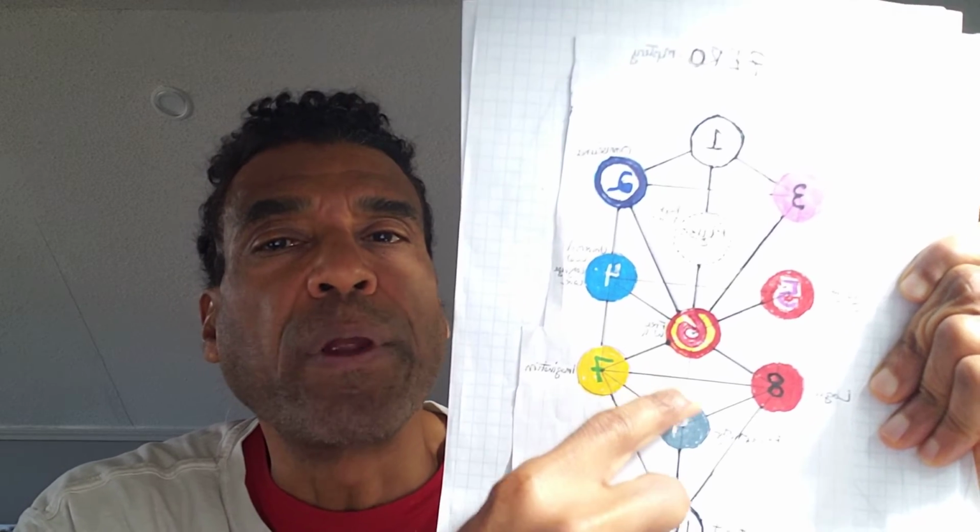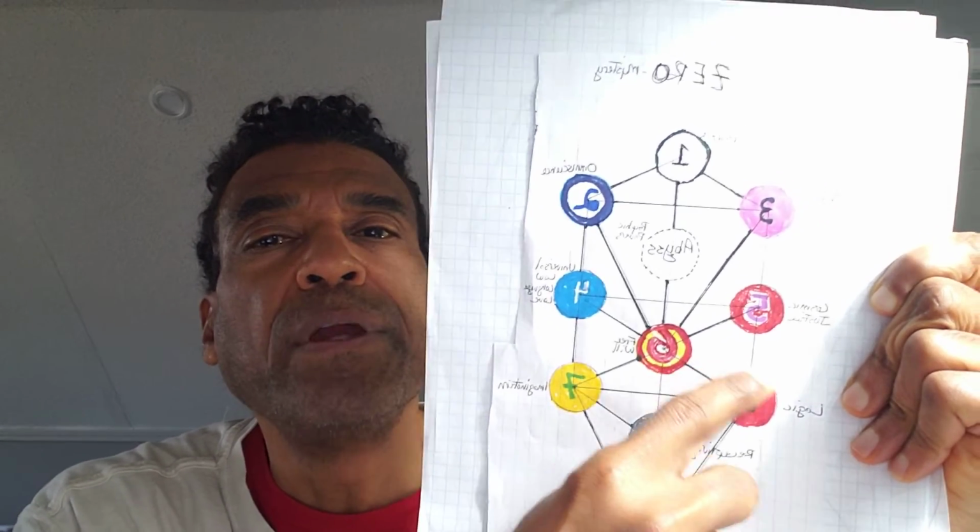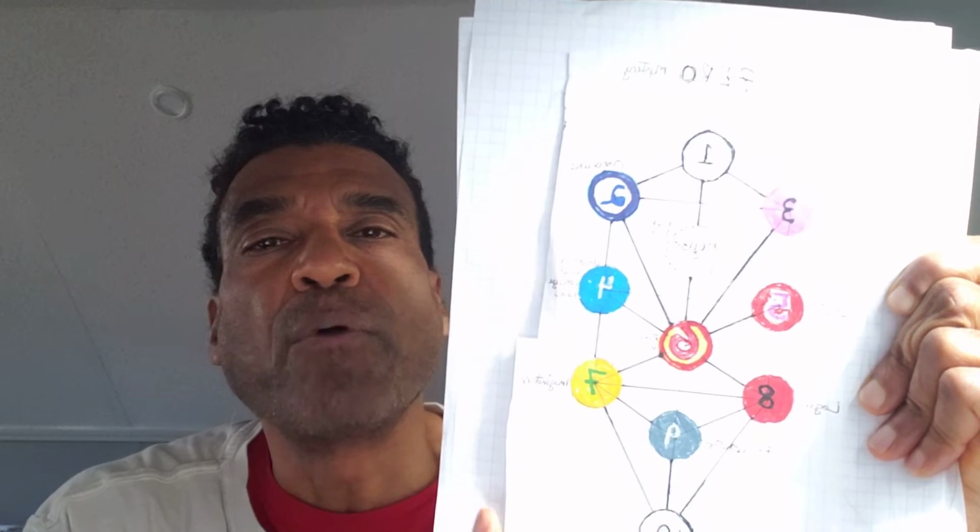And then 12 more here and 12 here. So for a total of 144. And I call those 144 fractal faculties or stages of life, history, cosmology, and spirituality.